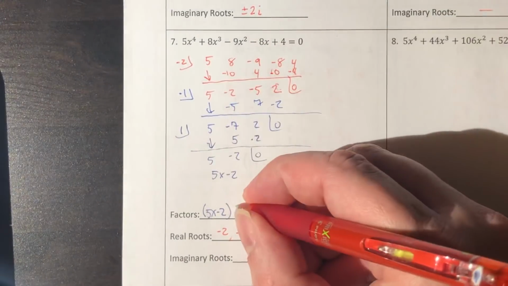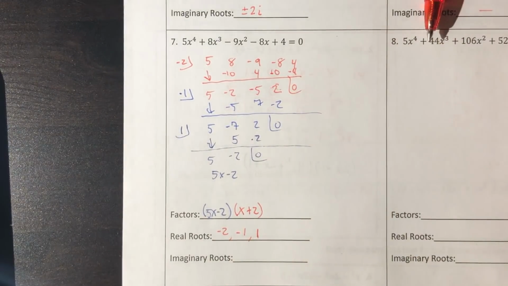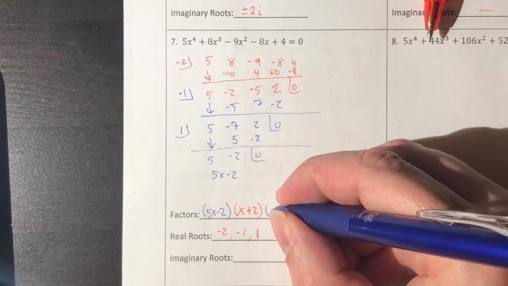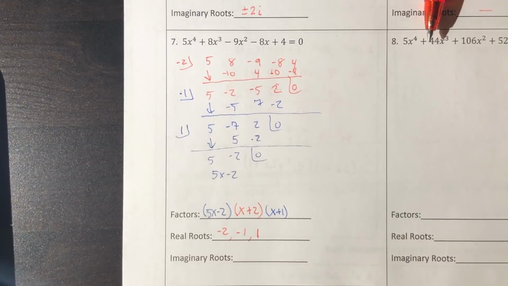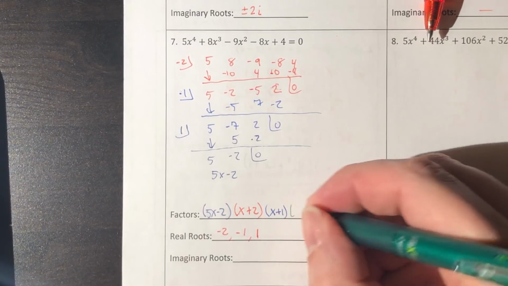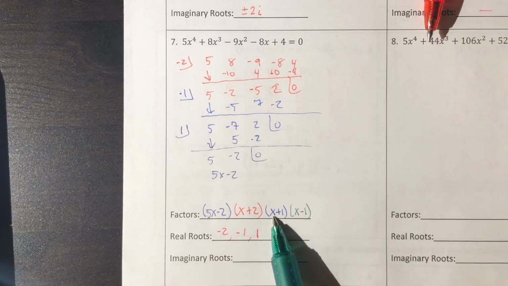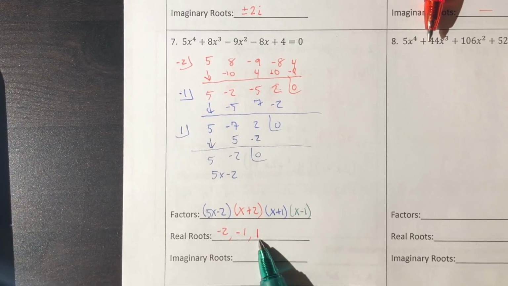So if I had a zero at -2, that means that's going to be a factor of x plus 2. If I had a zero of -1, that means I'm going to have that factor of x plus 1. And this zero at +1 tells me I'm going to have a factor of x minus 1.